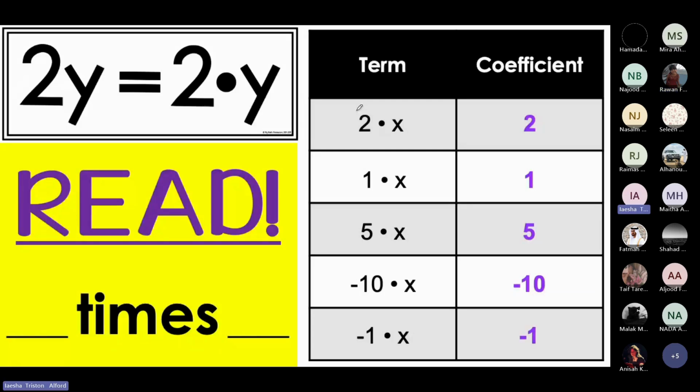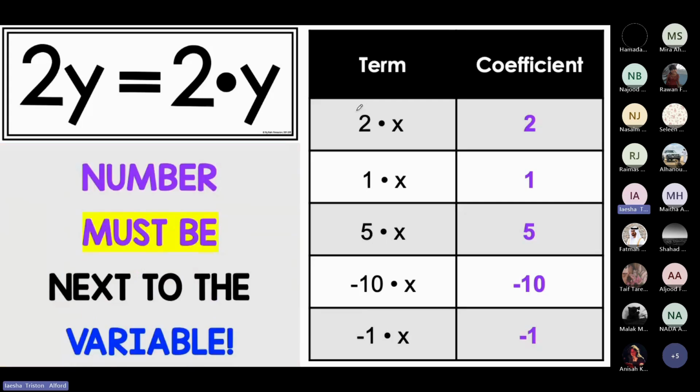So when you are making this one, you have to be sure to know how to read it. The multiply and divide, you have to slow down and read. You want to see what is the coefficient so that you can make the correct answer. Okay, the coefficient must always be next to the variable.